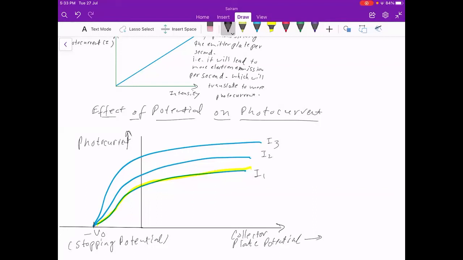So just observe the lowest graph, the yellow green one. You will see that the photocurrent is 0 for a certain amount of negative potential.